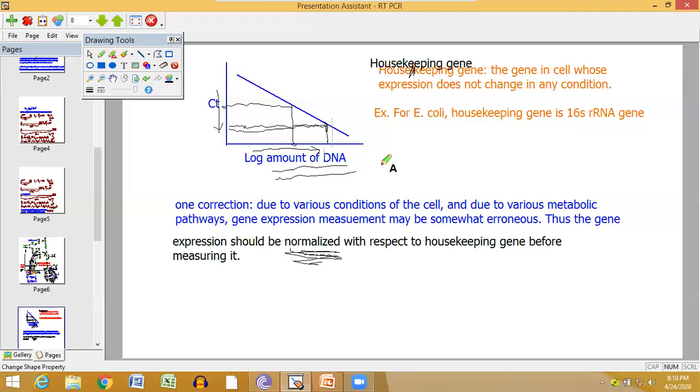Okay. So this is real-time PCR, how it is done, and why it is so important in our pharmaceutical field for drug discovery, or for elucidating a drug's mechanism of action.